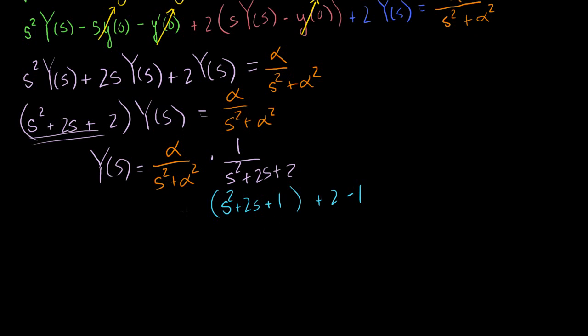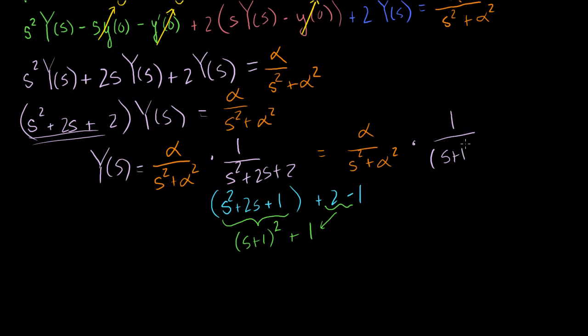Now I can rewrite this term as s plus 1 squared, and then this becomes plus 1. So I could rewrite my whole Y of s as alpha over s squared plus alpha squared, times 1 over s plus 1 squared plus 1.